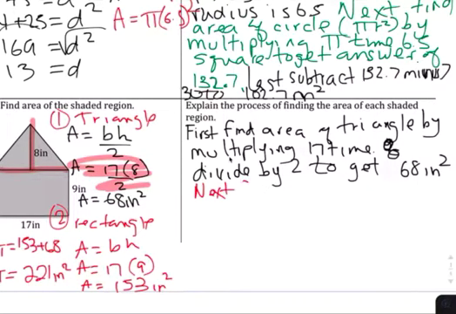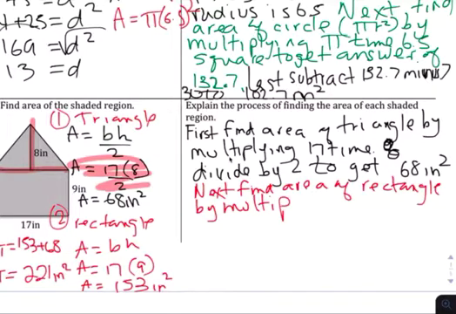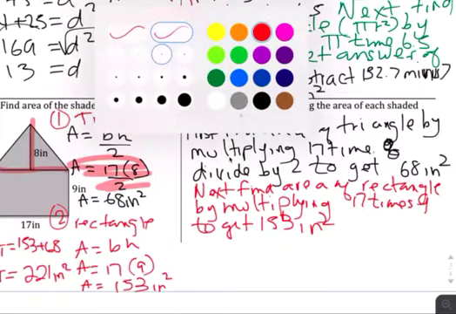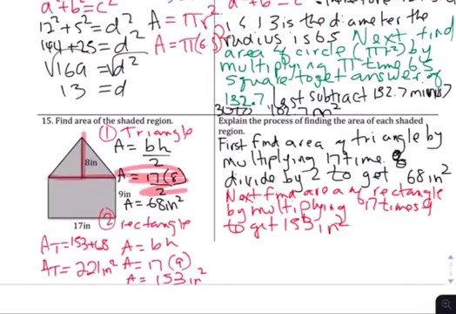Next, find area of rectangle by multiplying 17 times 9 to get 153 inches squared.